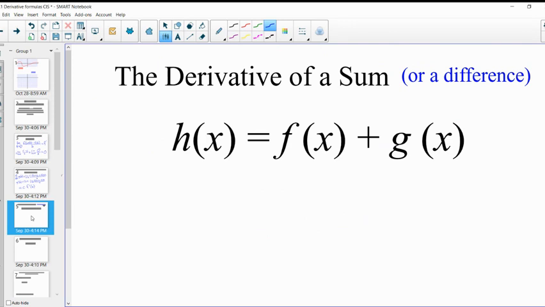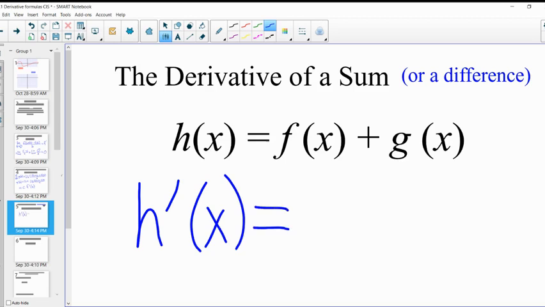The derivative of a sum or a difference. Boy, I think I'm going to leave this one for the book to justify. It's the same thing that I've just been doing. Express it as a limit. Use the commutative property that lets you move things around, but I think I'm going to skip right to the punchline and say that what you are hoping is going to happen is going to happen.